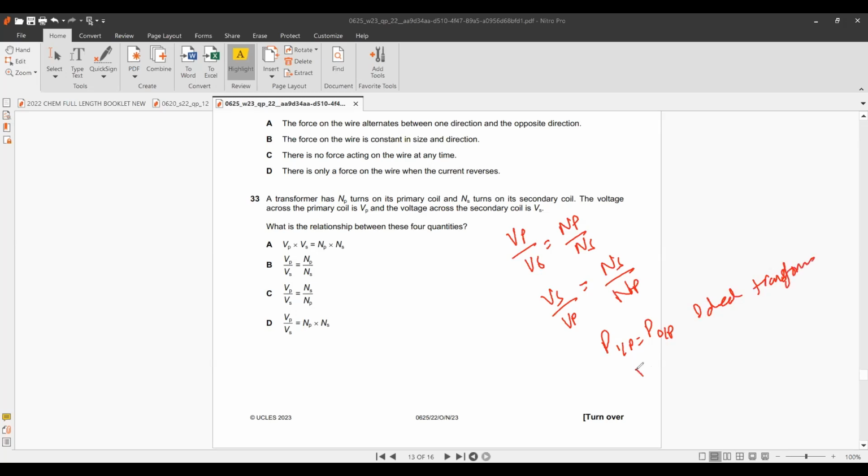For that, Vs Is, which is output power, is equal to Vp Ip. So the formula is Vp over Vs is equal to Is over Ip. So they have asked us which.